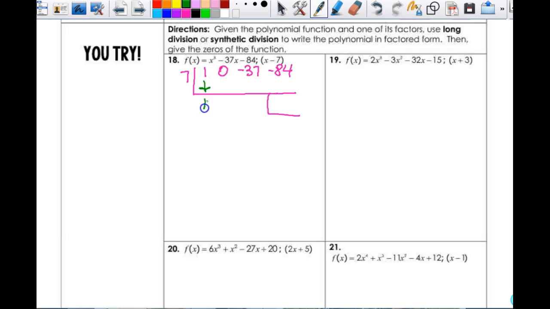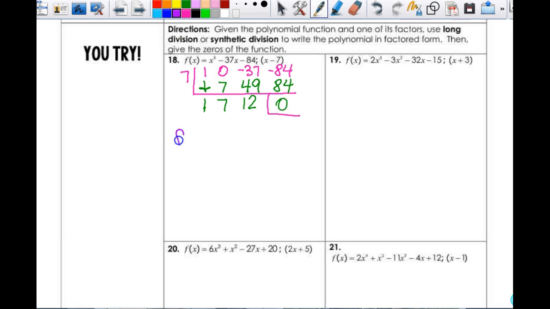So bring down a 1, it's going to be 7, 7, 49, 12. What's 7 times 12? 84. That is 0. Right?